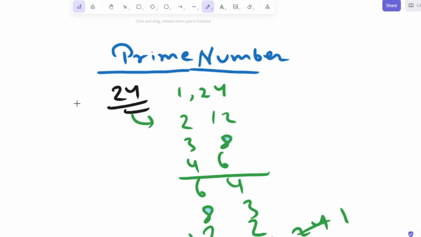As we can see clearly here, the first factor is less than the other factor in each case. So 1 is less than 24, 2 is less than 12, 3 is less than 8, 4 is less than 6.